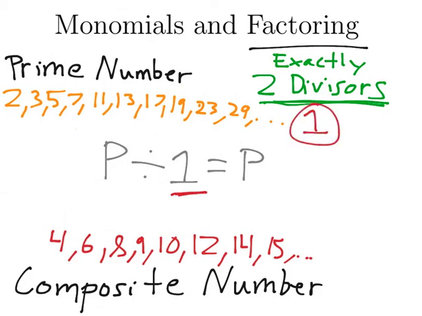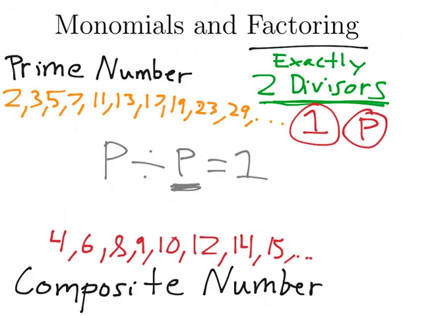Alternatively, what if I try dividing a number by itself? I get 1. Therefore, the number itself is a divisor. So there I have P. So our 2 divisors for a prime number are 1 and the number itself.